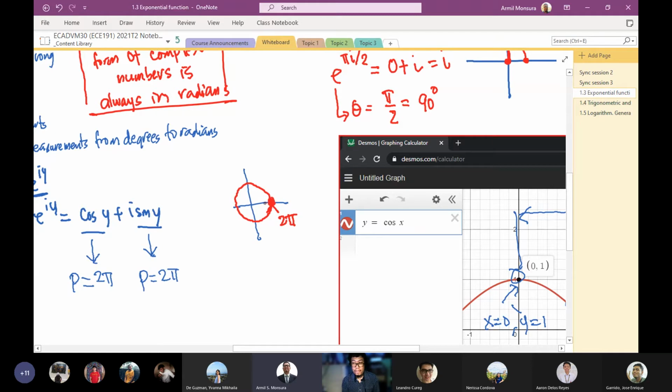Tapos, you go around another 2 pi, so nakaikot ka na ng 4 pi, and you'll again end up at the same point. Naintindihan ba to?